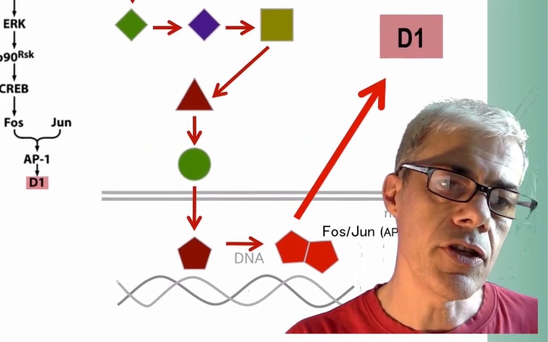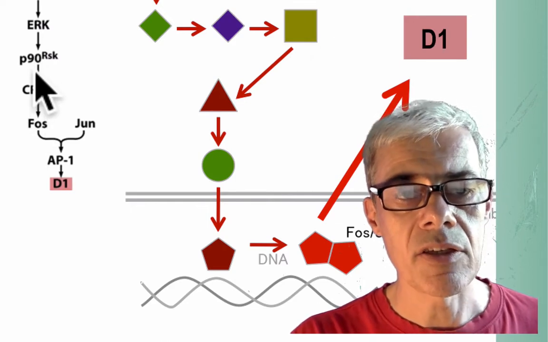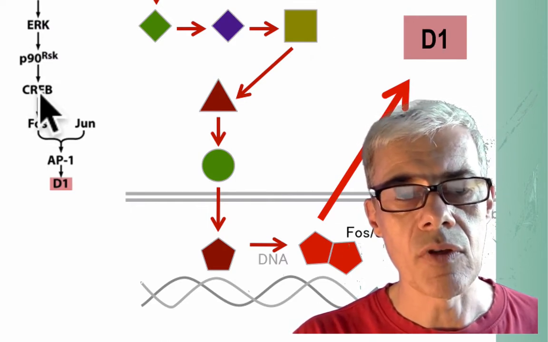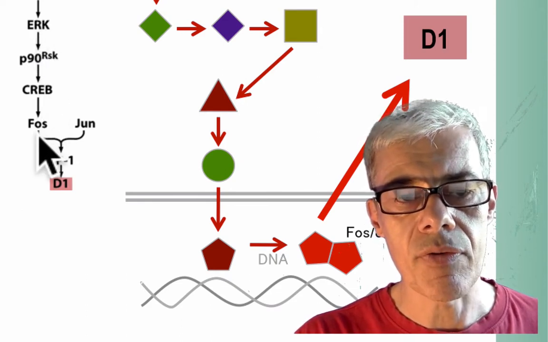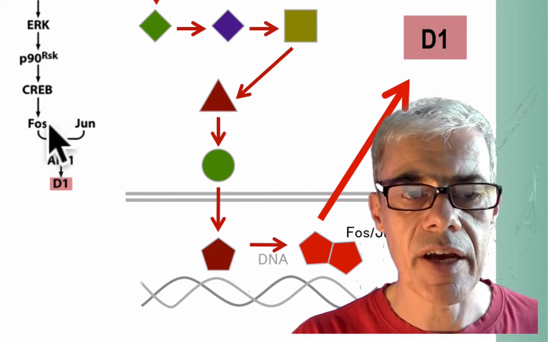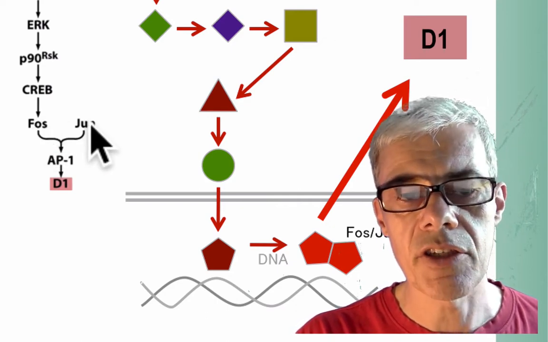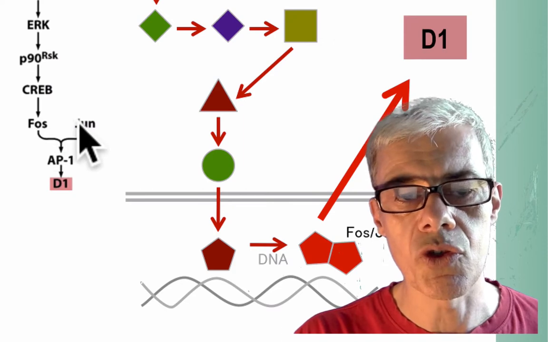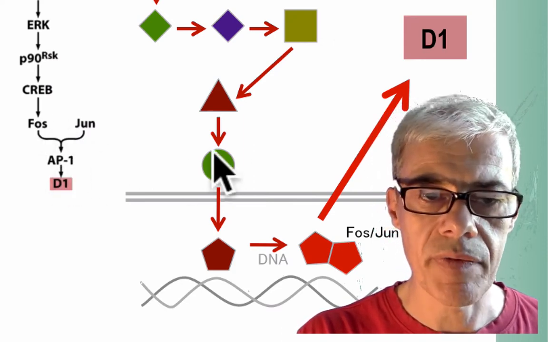And the new bits to this pathway that we've not already looked at are some of these transcriptional activators here, so that ERK can lead through to the phosphorylation and activation of the FOS gene. And FOS and another protein called JUN work together to form the AP1 transcription factor.